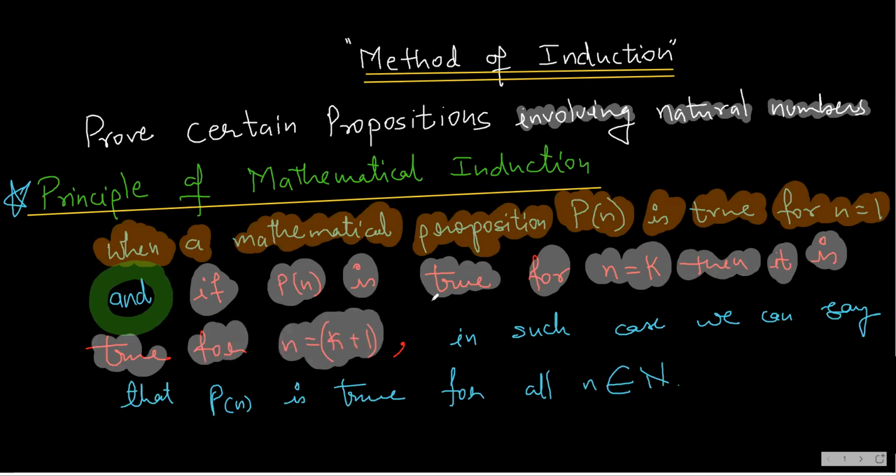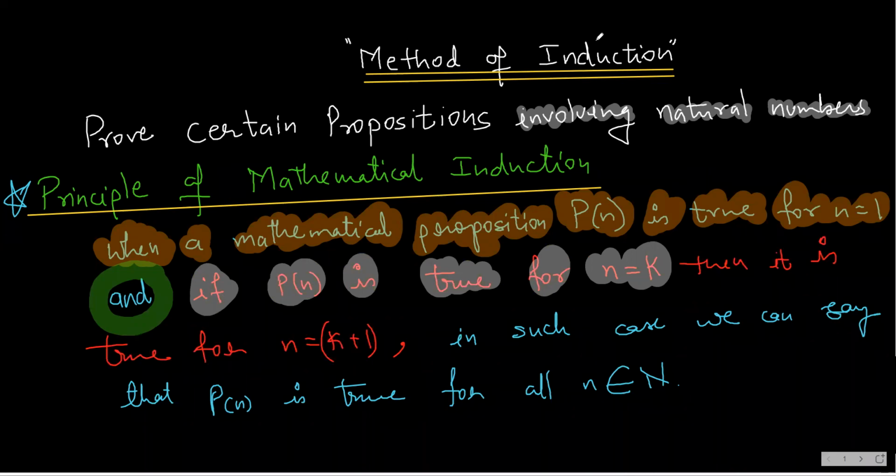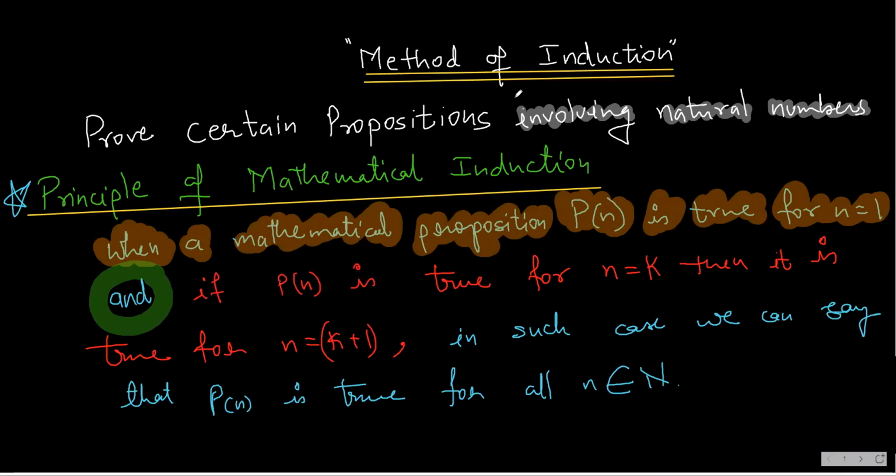So in the second stage, you have an assumption first. What is the assumption? The assumption is P of n is true for n equals k.